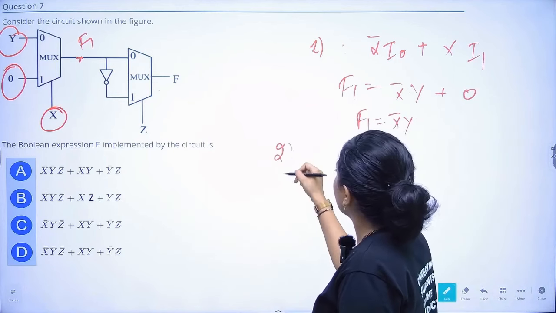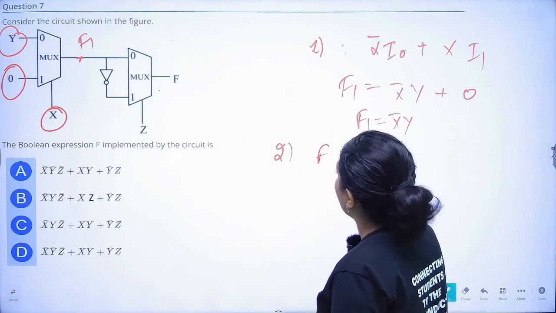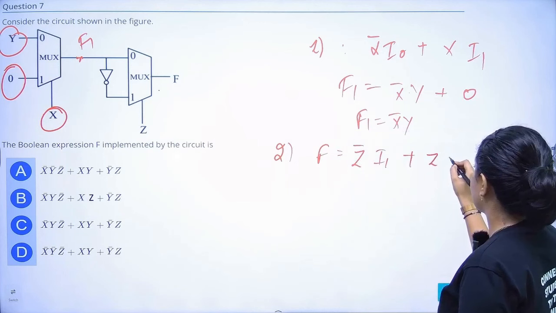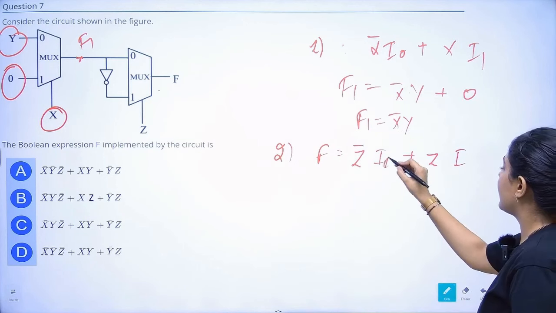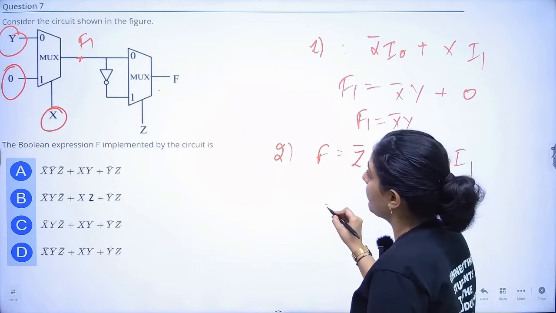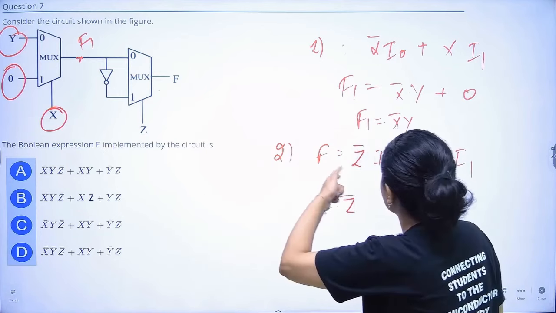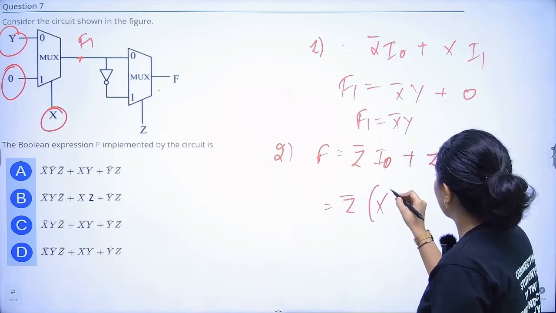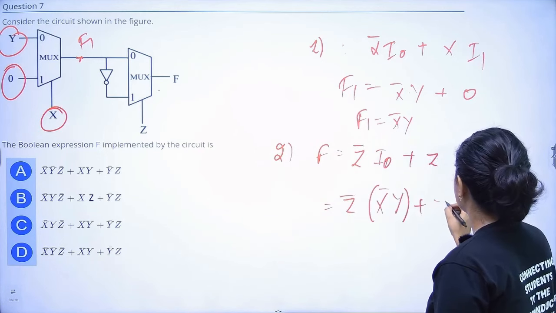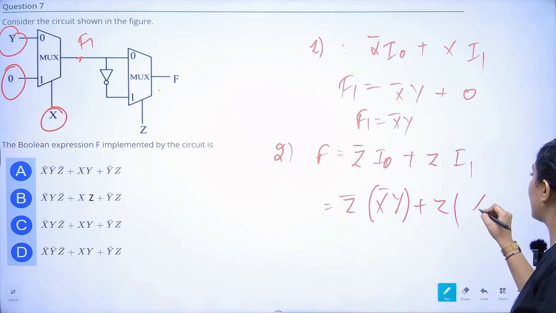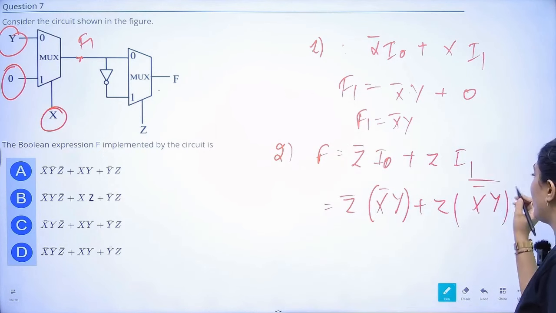So for the second mux, the function F I am writing here is Z bar I0 plus Z I1. What is your I0? I0 is function F1 only, which is X bar Y, plus Z I1, where I1 is inverted F1, which is X bar Y whole bar.